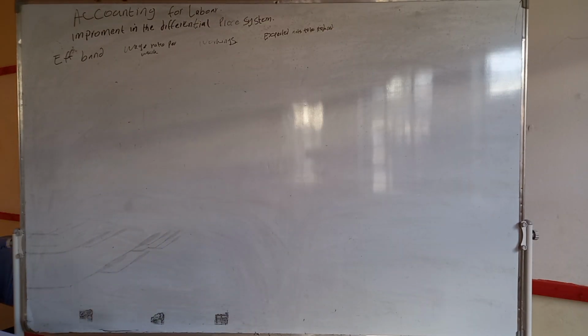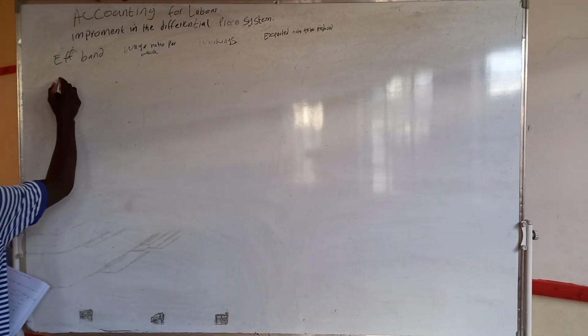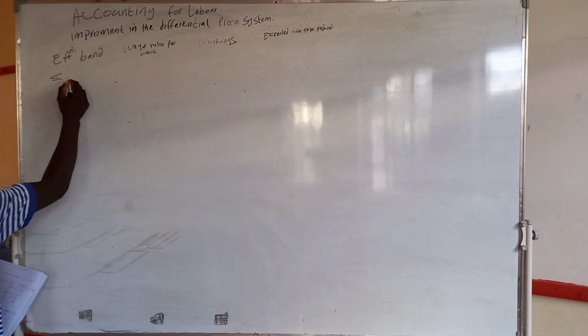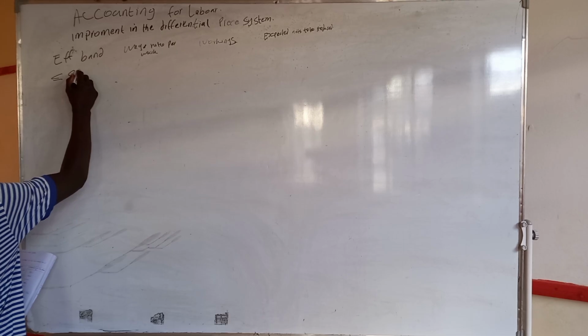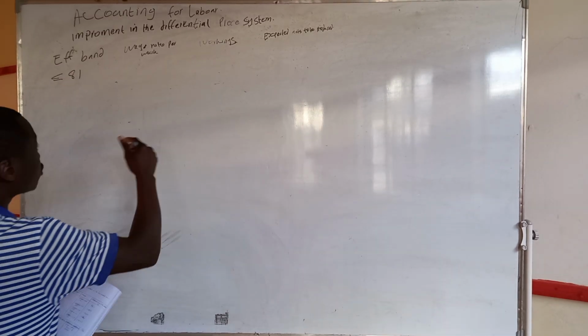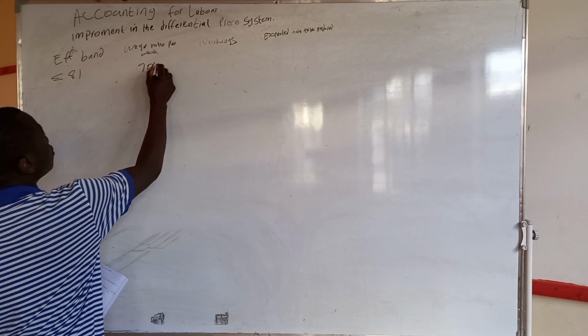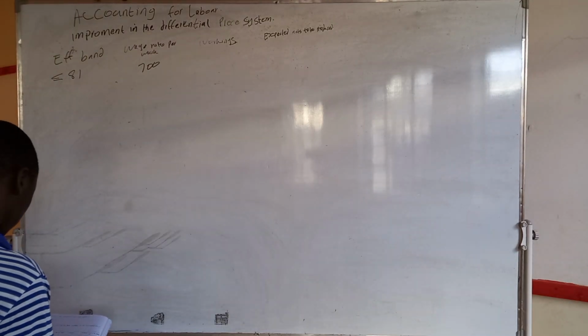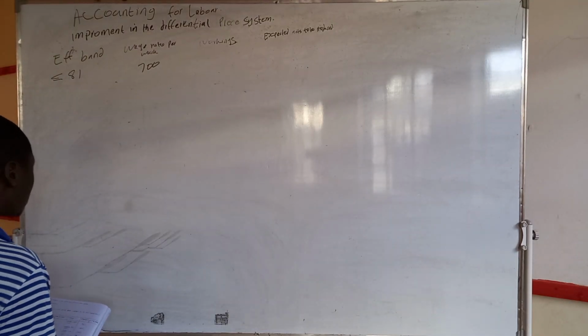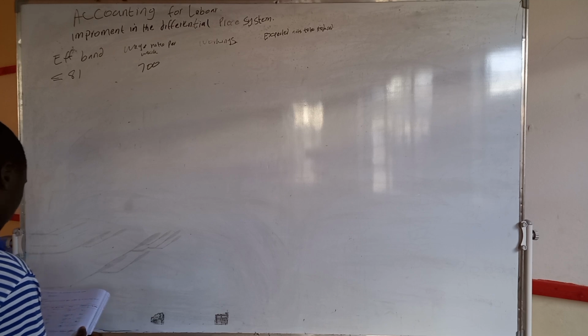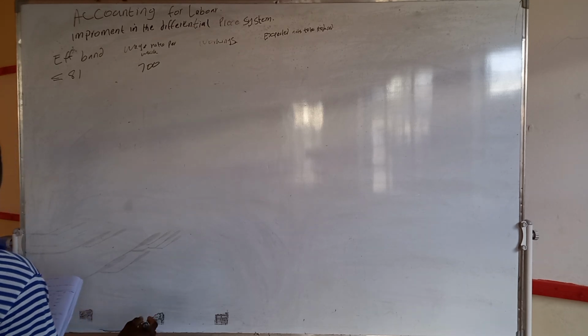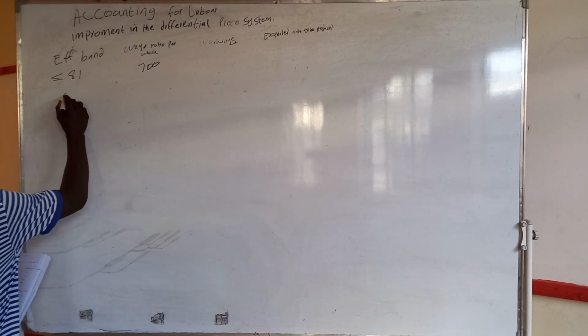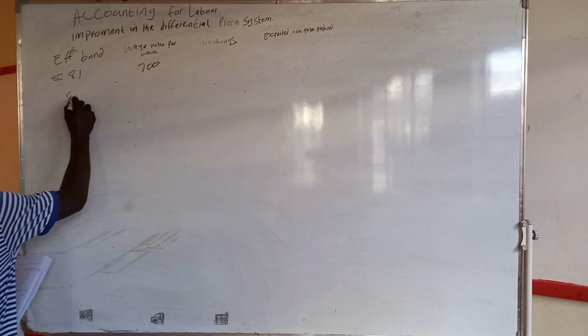So we have less than 81. The production is 700, as we have been told. That's the wage rate, that's the pay. Then we have 81 to 90.